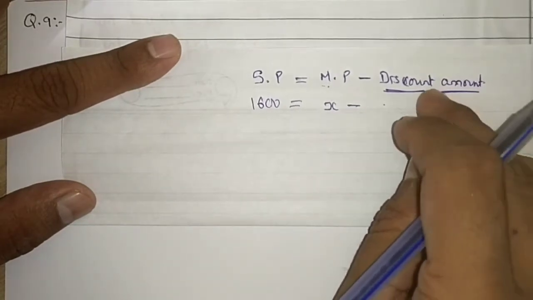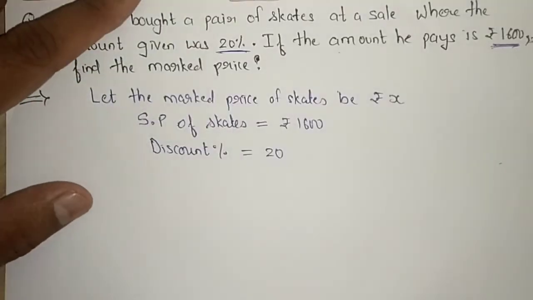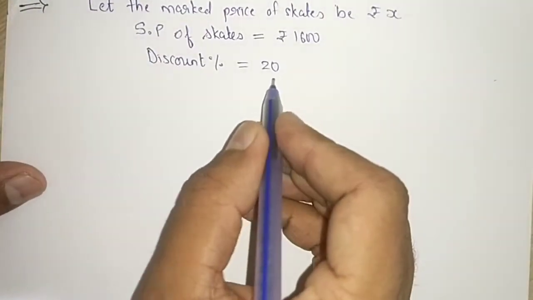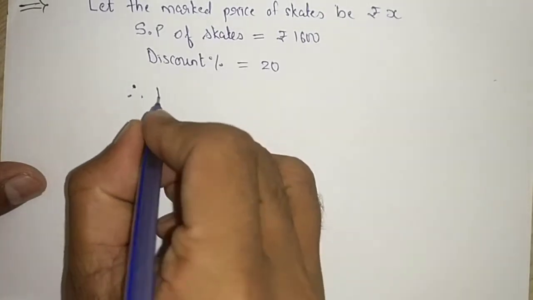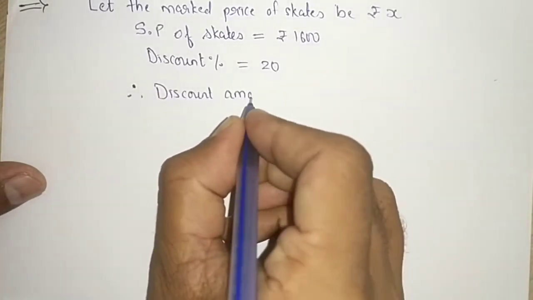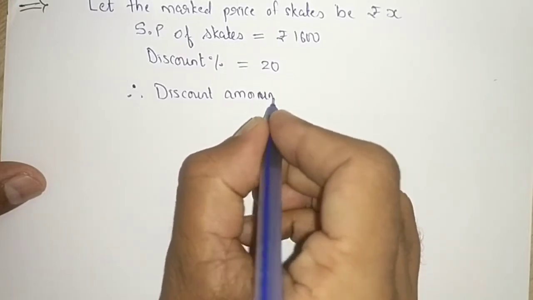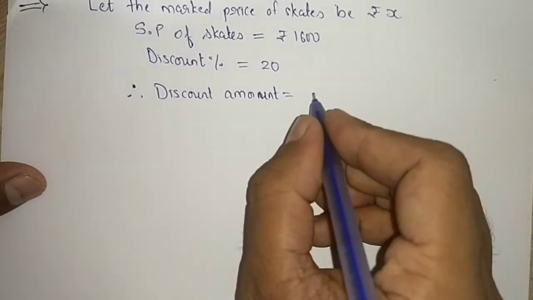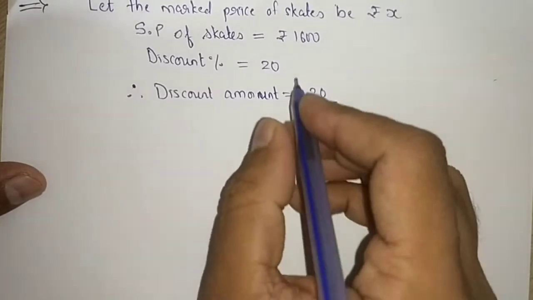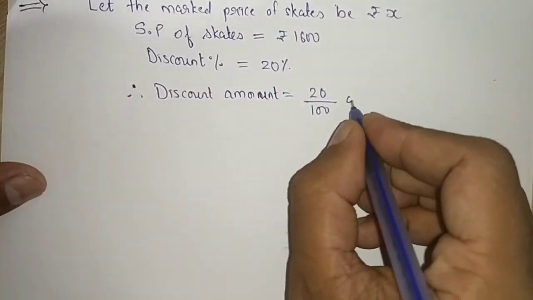So let us find discount amount first. Discount percentage is 20. Therefore, discount amount is equal to 20 divided by 100 of what?